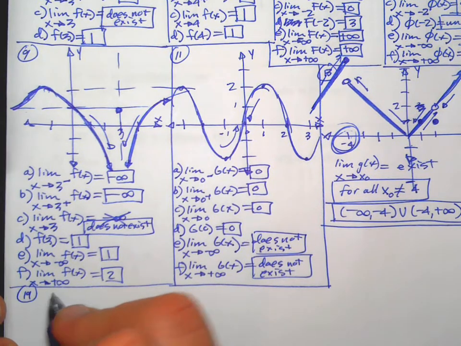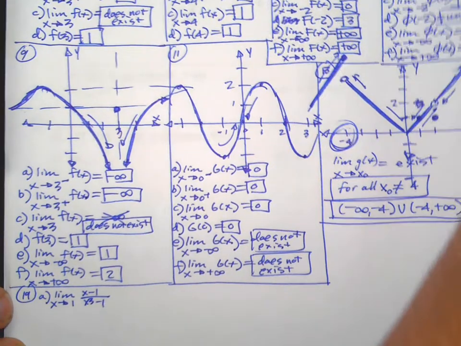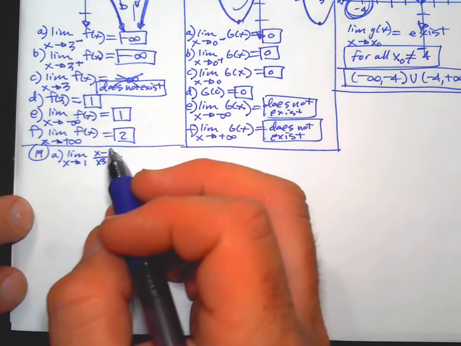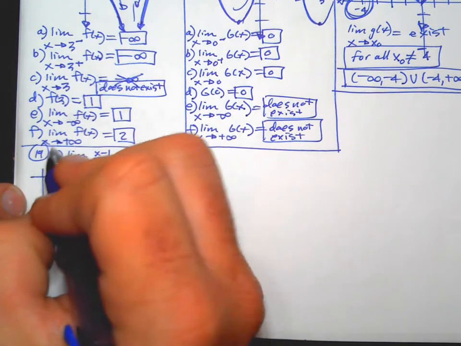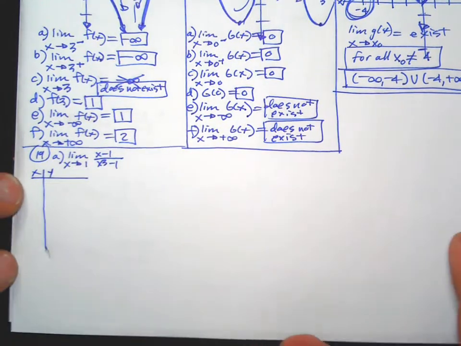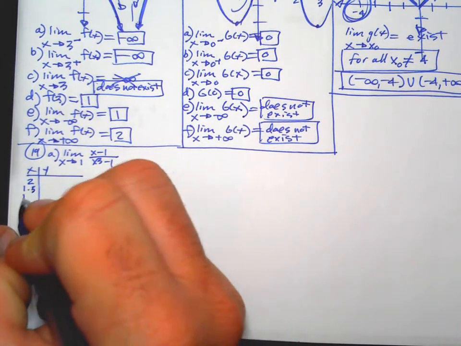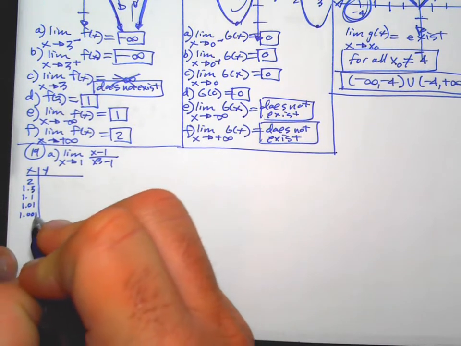It said to use your graphing calculator and make a table. And they told you what values to put in. So we're going to put this in our calculator and then go to the table and see what happens. So we're going to plug in 2, 1.5, 1.1, 1.01, 1.001.